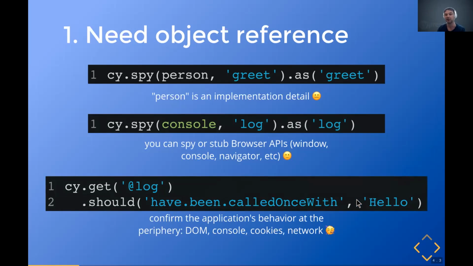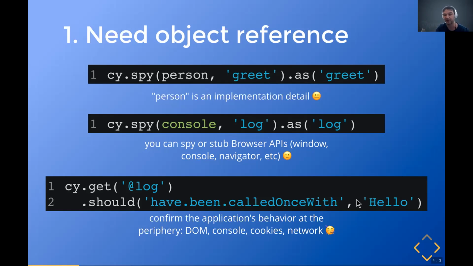All right. So the big idea is to avoid stubbing and spying on internal implementation details, and instead spy and stub what happens at the periphery of the browser, where your application has to communicate with the outside world, in this case through the console.